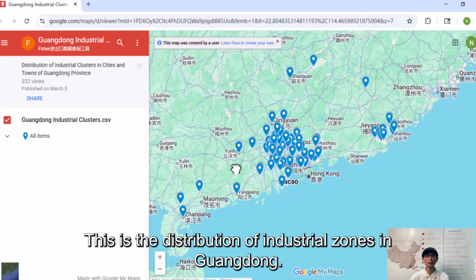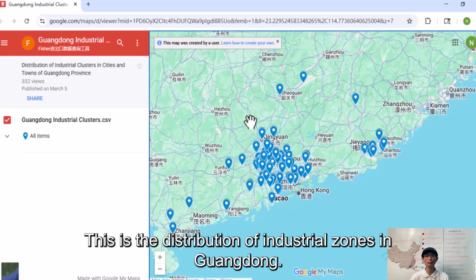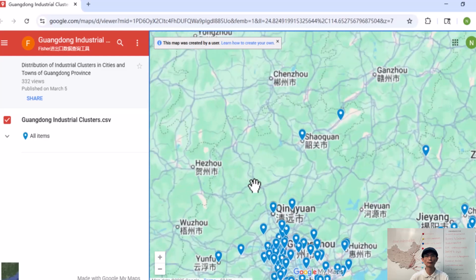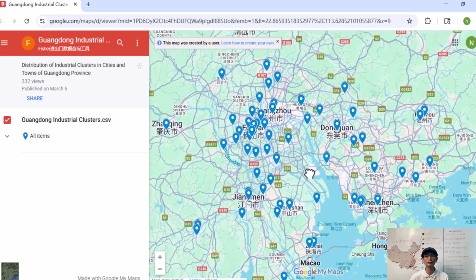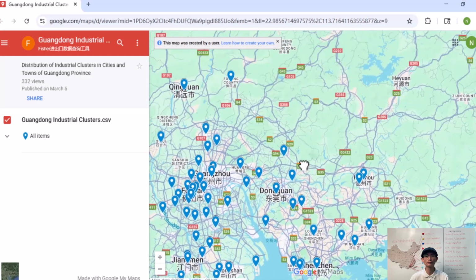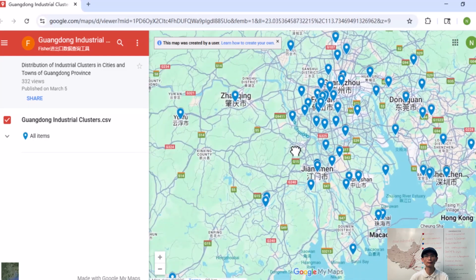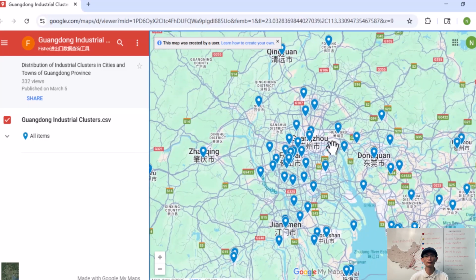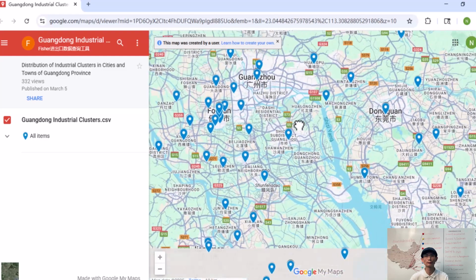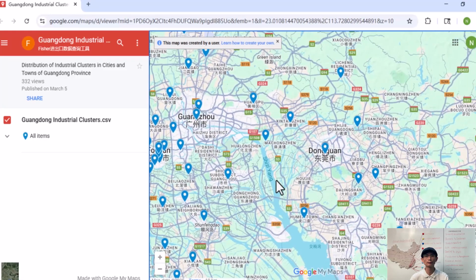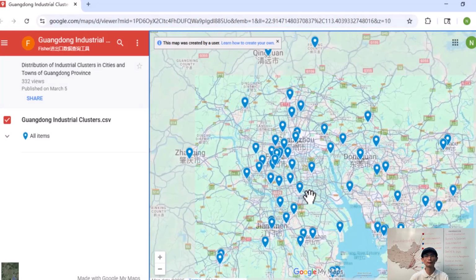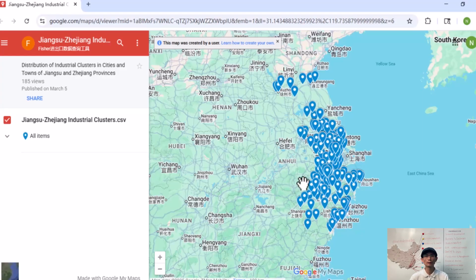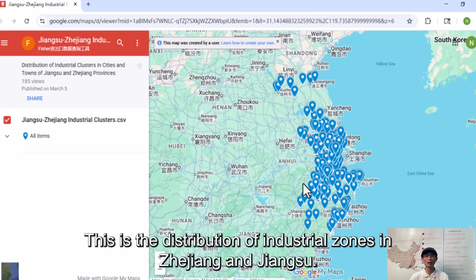This is the distribution of industrial zones in Guangdong. This is the distribution of industrial zones in Zhejiang and Jiangsu.